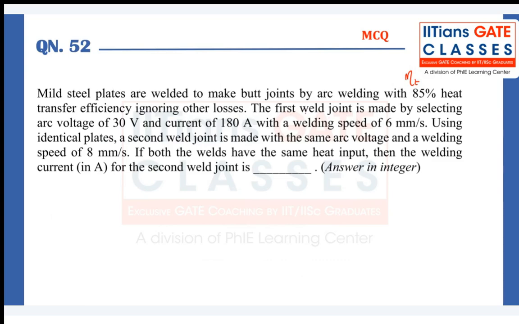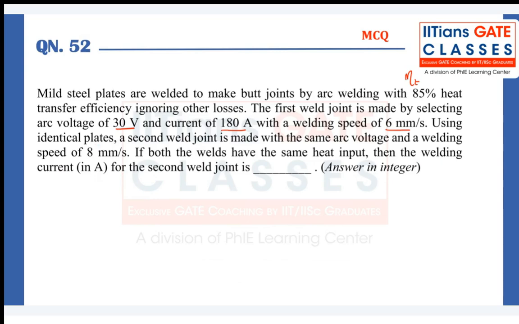The first weld joint is made by selecting an arc voltage, current, and welding speed, using identical plates. The second joint is made with the same arc voltage, and the welding speed is different. If both welds have the same heat input, then for the second case we need to find out the welding current, right?